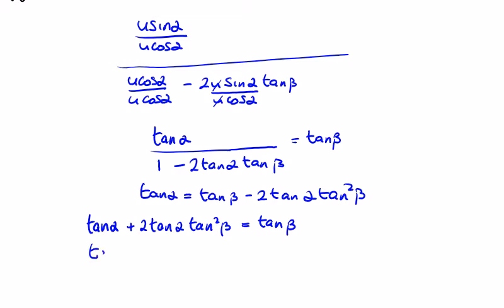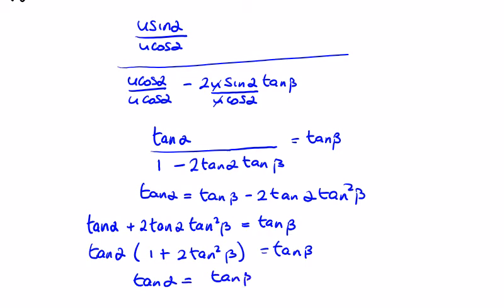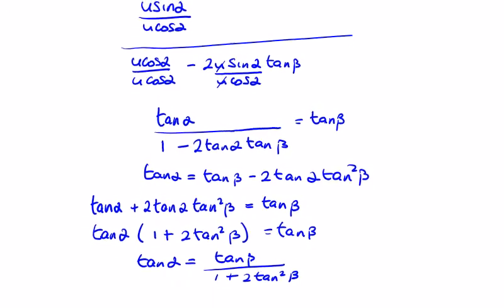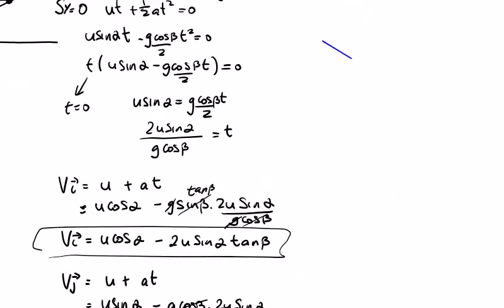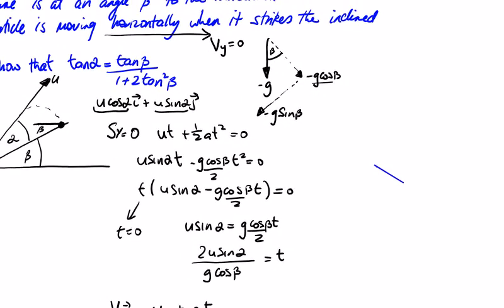We can factor out tan alpha to leave 1 plus 2 tan squared beta equals tan beta, and we were asked for tan alpha equals, weren't we? Tan alpha is equal to tan beta divided by 1 plus 2 tan squared beta. Is that what they were looking for? Tan beta over 1 plus 2 tan squared beta. Yes.